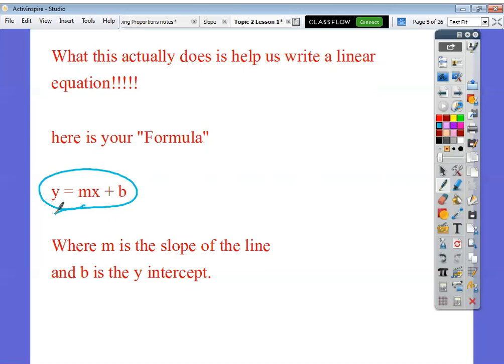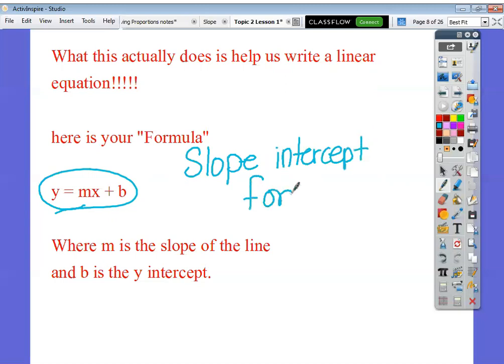All right, so this right here is called the slope intercept form. And it's y equals mx plus b. Y equals mx plus b. Now, what this is, your y and your x are stuck there.